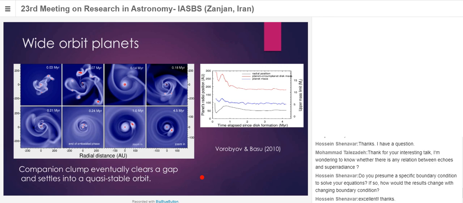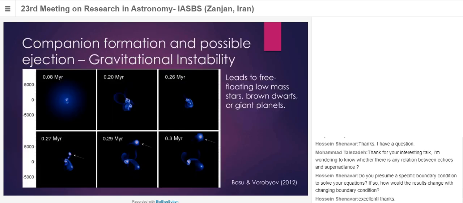There are many observations now of exoplanets that orbit at tens or even over 100 astronomical units from the central star, and the standard core accretion model has a hard time explaining their existence. So it seems there is a role for gravitational instability to create at least some of the high mass gas giant planets that are seen at large distances from their host star.